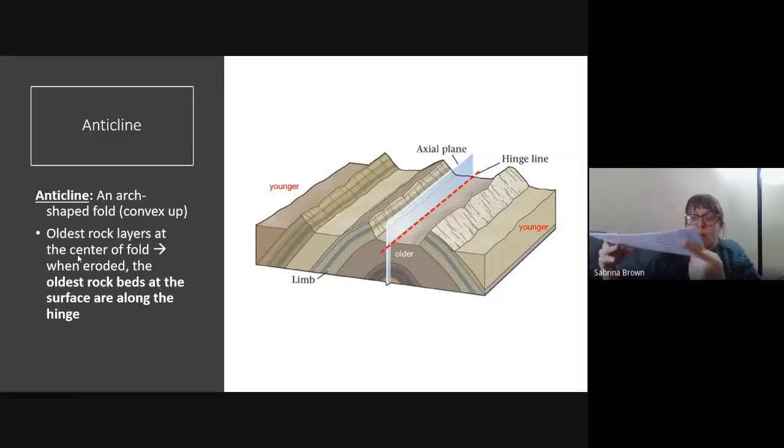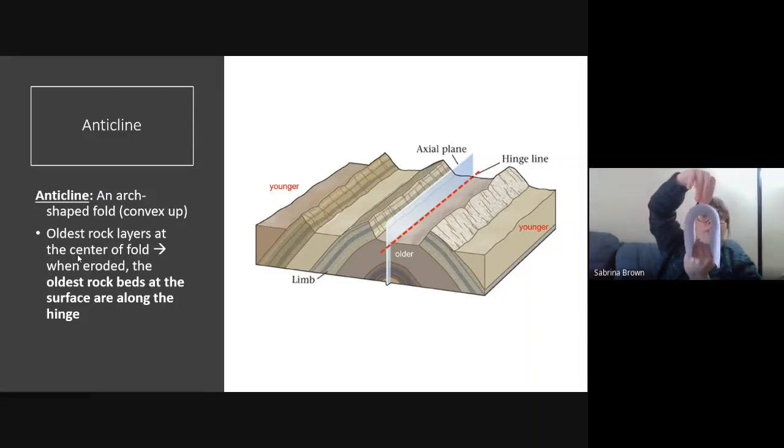And if we're thinking about our principles of stratigraphy, where our oldest layers are at the bottom and our youngest layers are at the top of our rock strata, and then we fold this like this, that means that in our fold, the oldest layers are on the inside of our arch and the youngest layers are on the outside of our arch.